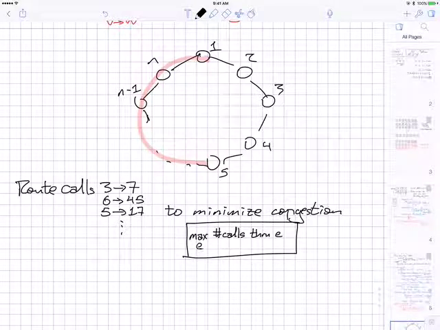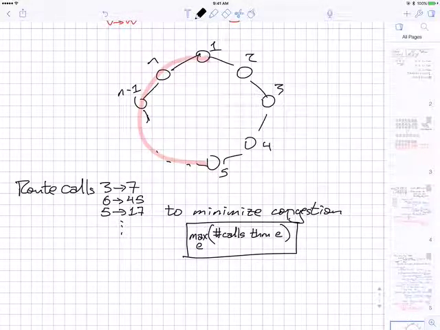I want to minimize the maximum over all edges of the number of calls through the edge. If I want to minimize the sum, then for each call I just say which way is shorter, because the sum over all edges of the number of paths that go through the edge is the same as the sum over all paths of the number of edges the path goes through, which is the length of the path. But here I want to minimize the max.